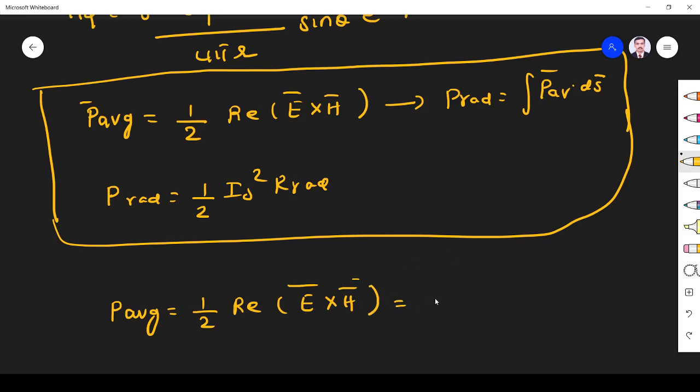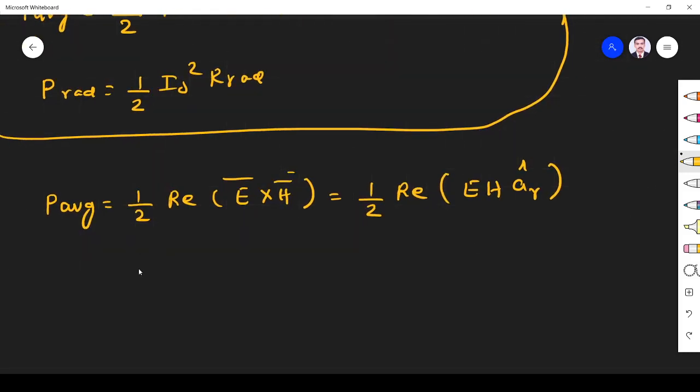So that is equal to 1 by 2 real part of E cross H. A cross B is A B sin theta. E and H are always perpendicular, so sin 90 is 1, and the unit normal is a r. The H value I know, and the relationship between E and H is given by E by H is equal to eta.